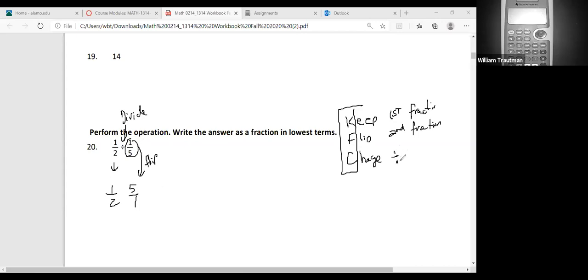Change that divide sign to a multiply. When you flip that second fraction, this divide sign changes to a multiply. And then we multiply fractions. If you remember how to multiply, we multiply across the top. 1 times 5 is 5. Multiply across the bottom. 2 times 1 is 2. And we have our answer.